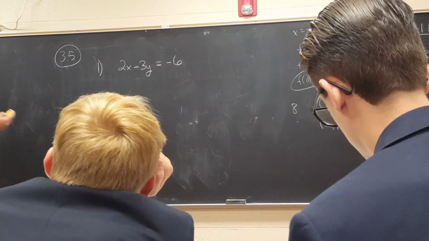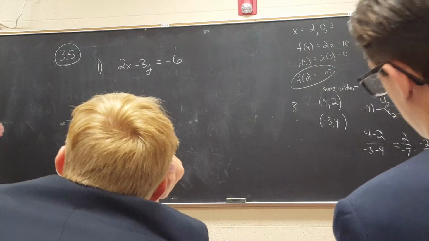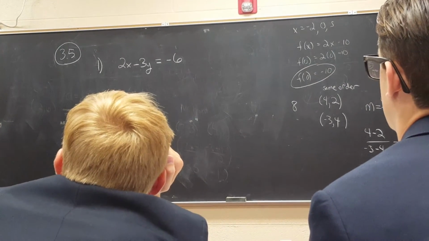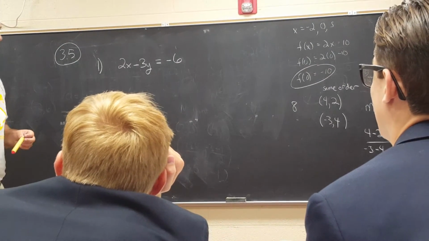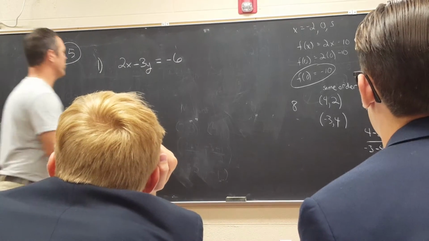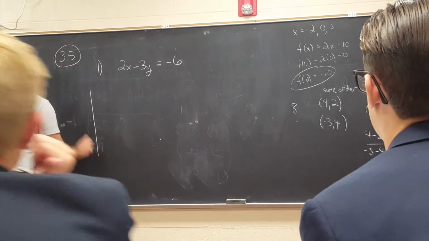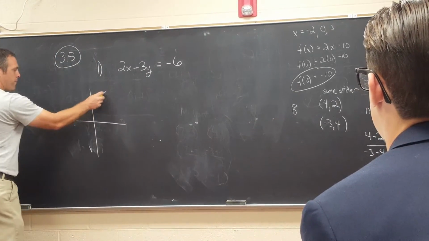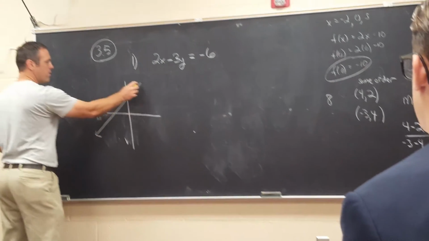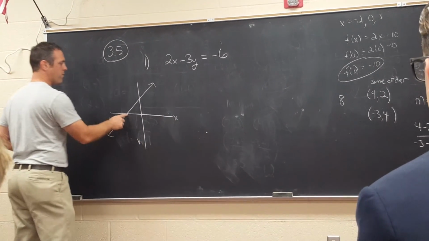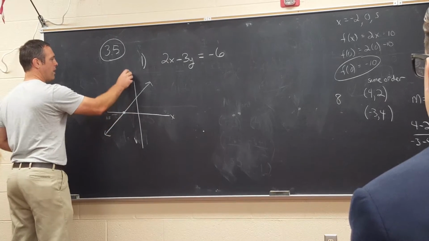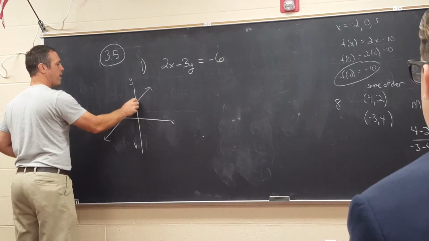Now, the first way they want us to graph these lines is by finding their x-intercept and their y-intercept. I wish I would have kept that graph up there, but that's okay. We'll just sketch it. Let's say we have a line here that crosses the x-axis right here, and it crosses the y-axis right here.